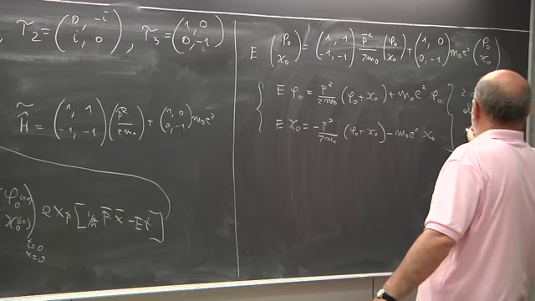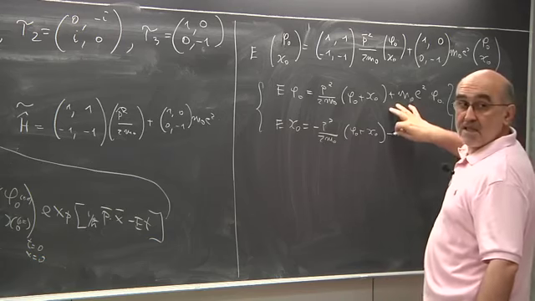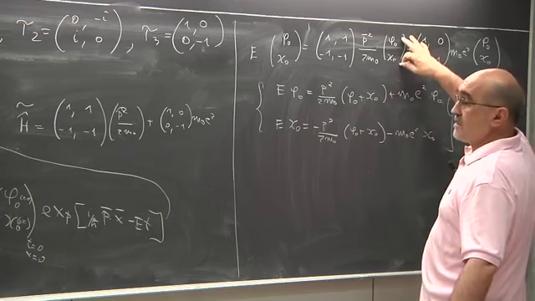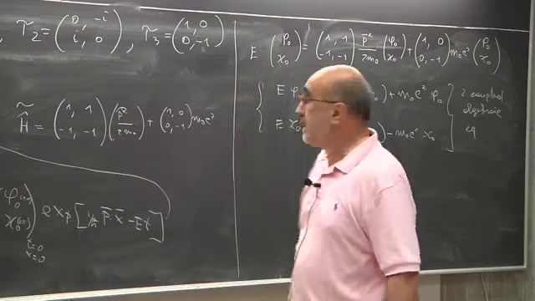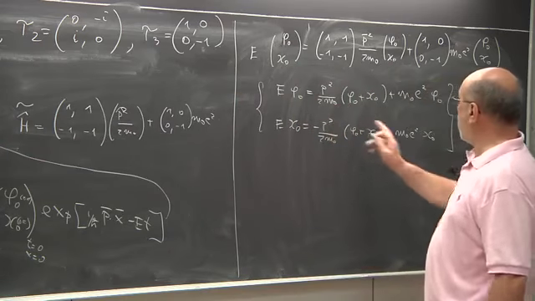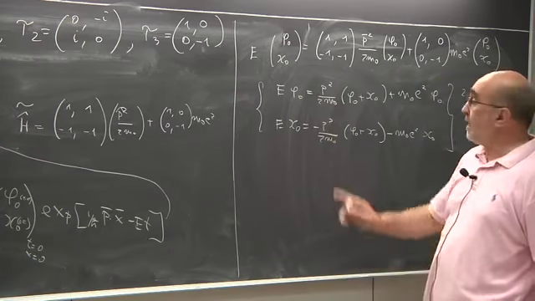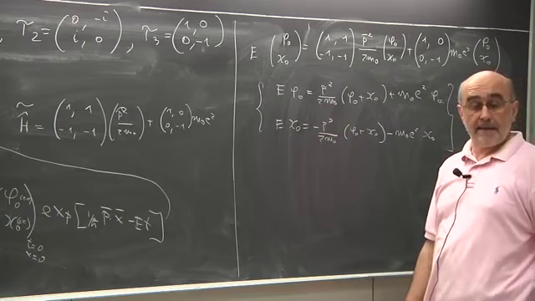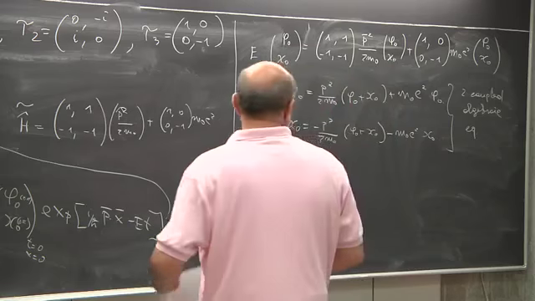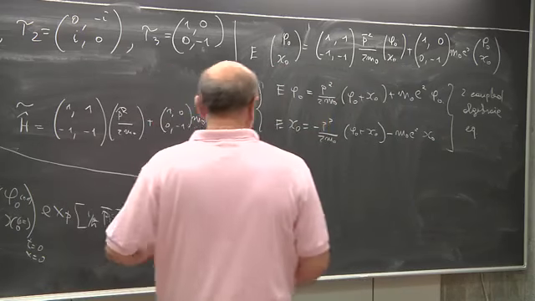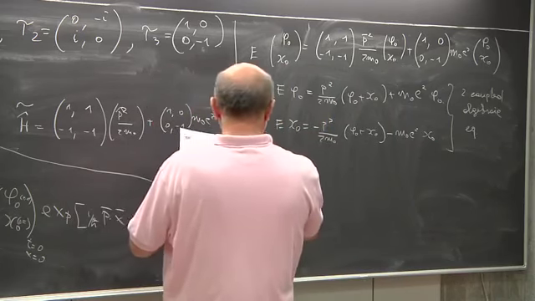Remember that this means if this is satisfied, then this is satisfied. But if this is satisfied, it means this solution is solution of that. Now, question. Is this satisfied? Well, we have to find the phi and chi. The unknown quantities are phi and chi, so I can write this in the following manner.